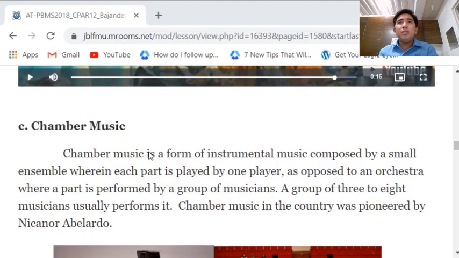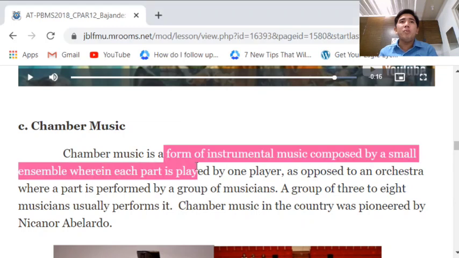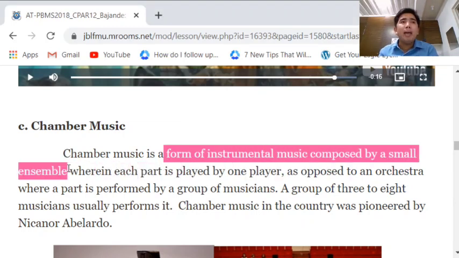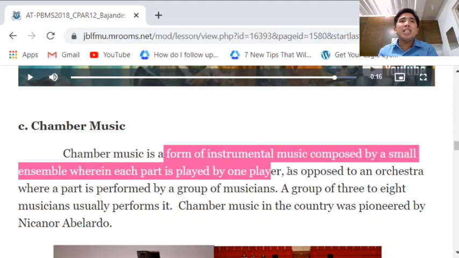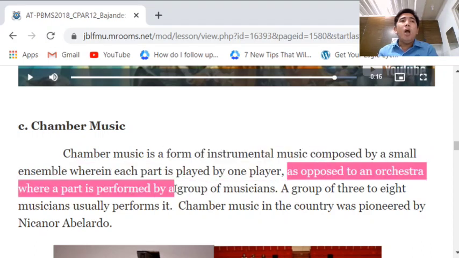Now we're going to proceed with chamber music. All right. So chamber music is a form of instrumental music composed by a small ensemble. Okay, I will read. Ensemble, wherein each part is played by one player as opposed to an orchestra where a part is performed by a group of musicians.